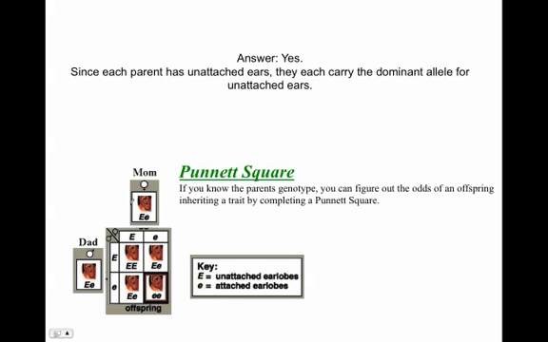We use Punnett squares to represent the possibility of offspring having certain traits. So here's your mom. Her alleles might be capital E, which represents the dominant, that's unattached, and small e, which represents the recessive. And here are your father's.